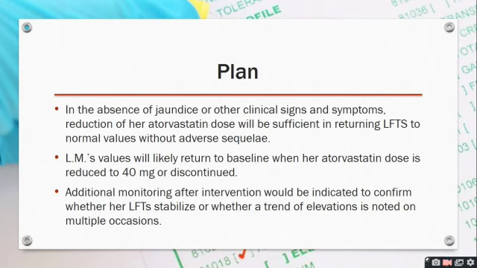So we will reduce the dose from 80 mg to 40 mg, and we will counsel the patient that she has to take half the tablet rather than the full 80 milligram tablet. When she takes the 40 milligram dose, I think her LFT level should come to normal. Also we have to monitor this intervention until her LFT level is stabilized.